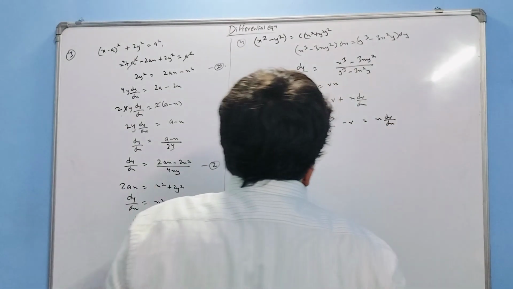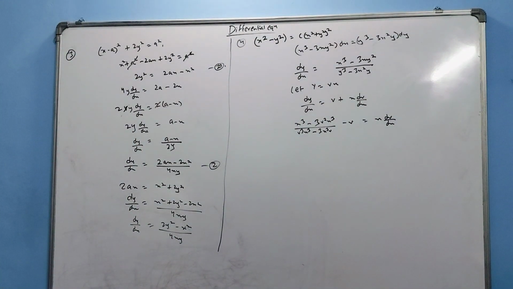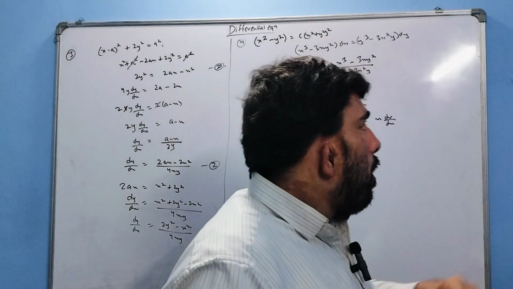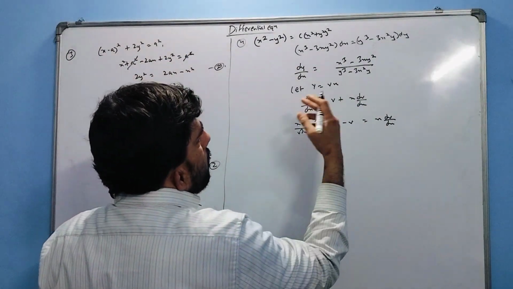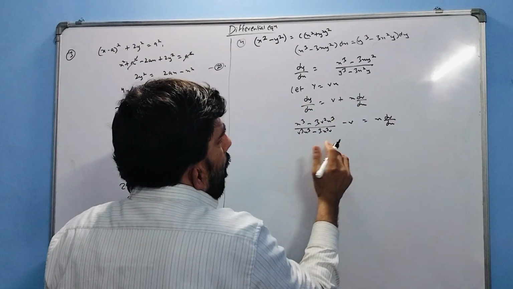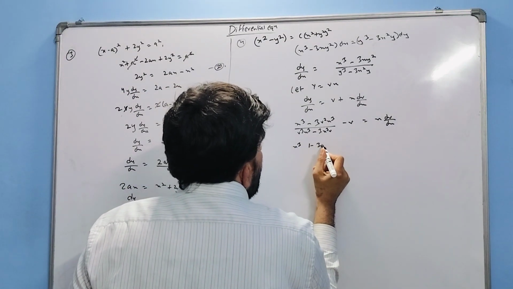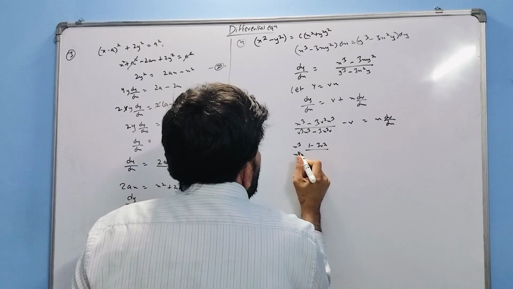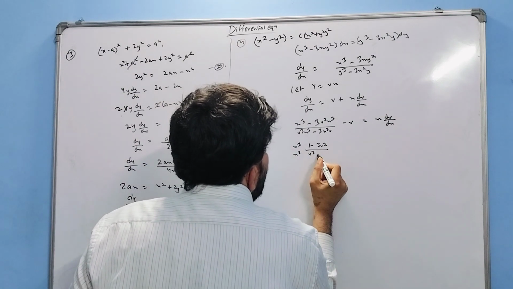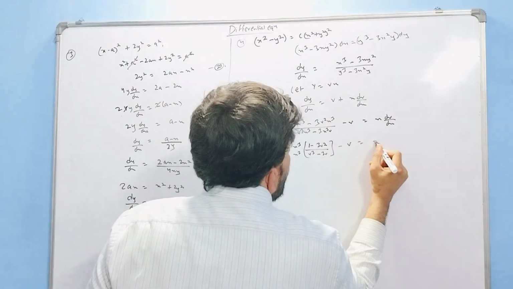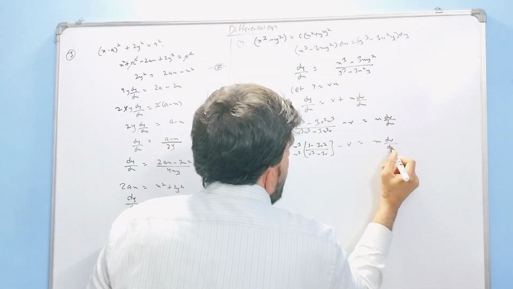Take x cube common here, so we have (1 minus 3v square) upon (v cube minus 3v), minus v is equal to x dv upon dx.